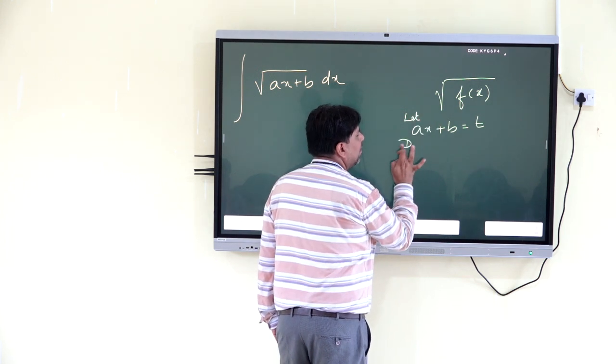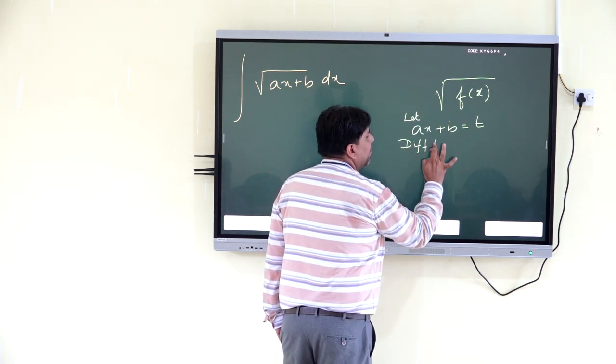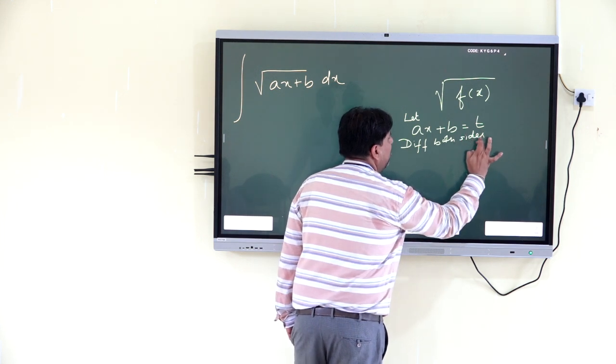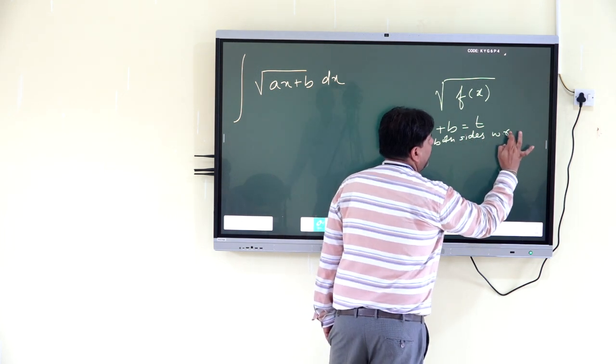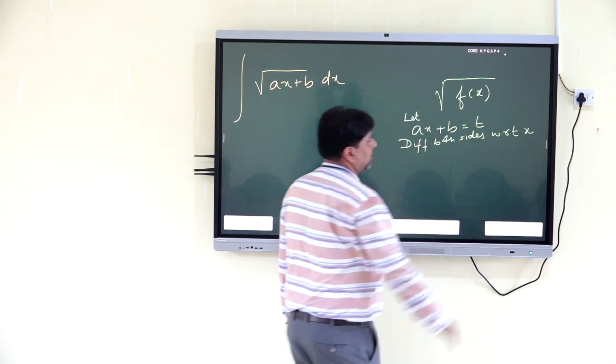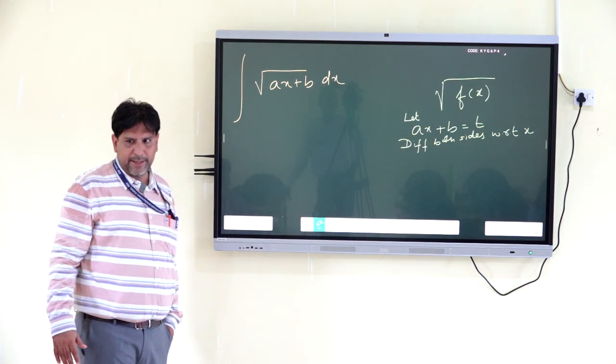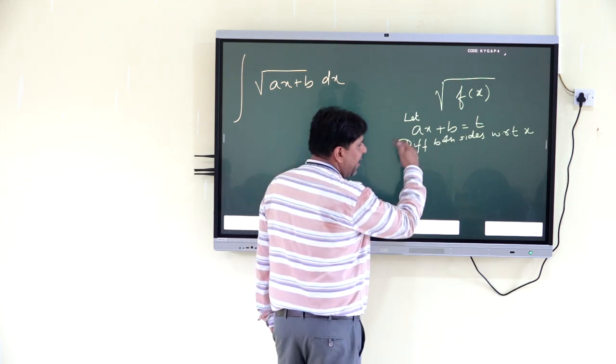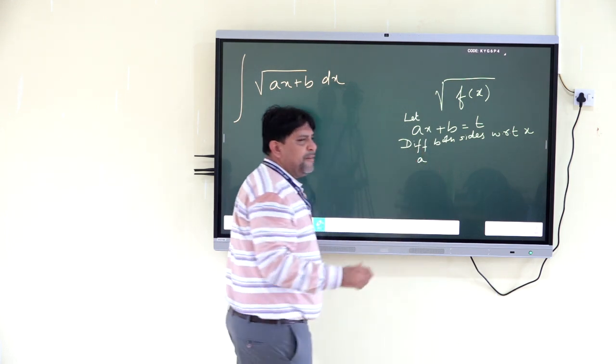Then what will we do? Differentiate both sides with respect to x. So what is the derivative of ax? A goes outside, the derivative of x is 1.